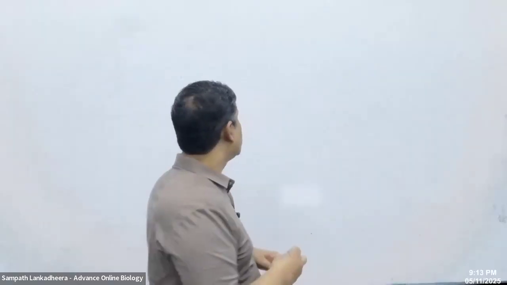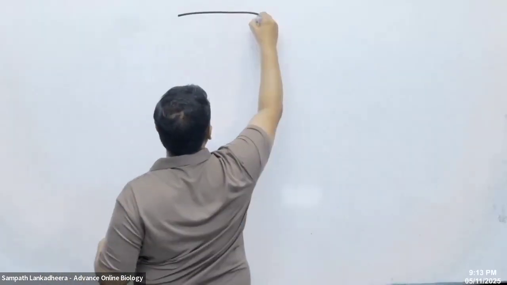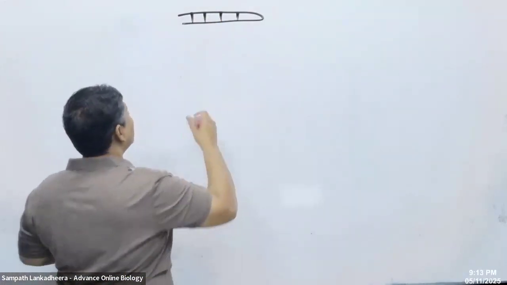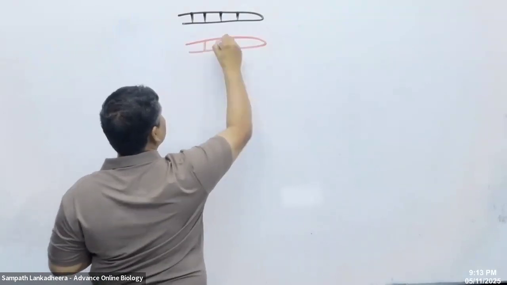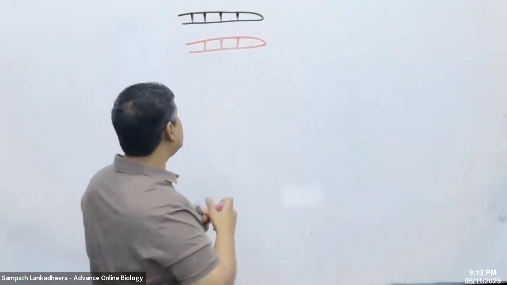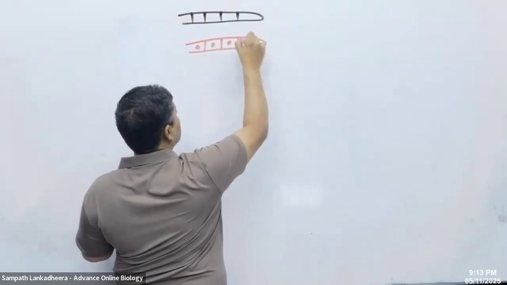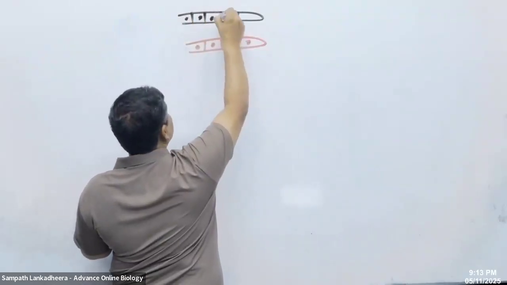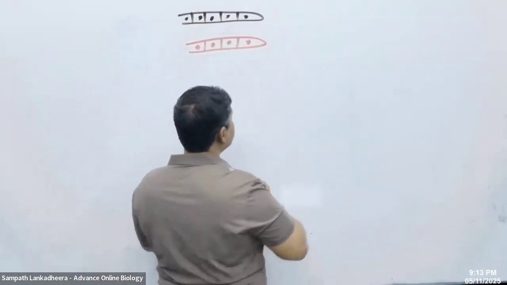Look at this. This is one filament, and this is another filament. Somehow these two filaments with nuclei come in contact with one another. They exchange nuclei.